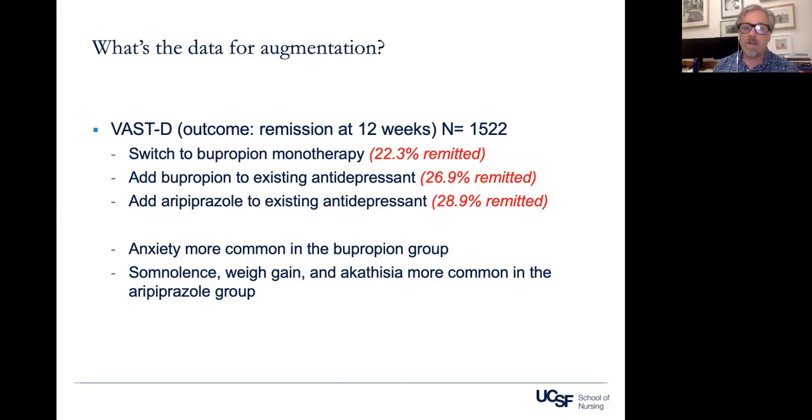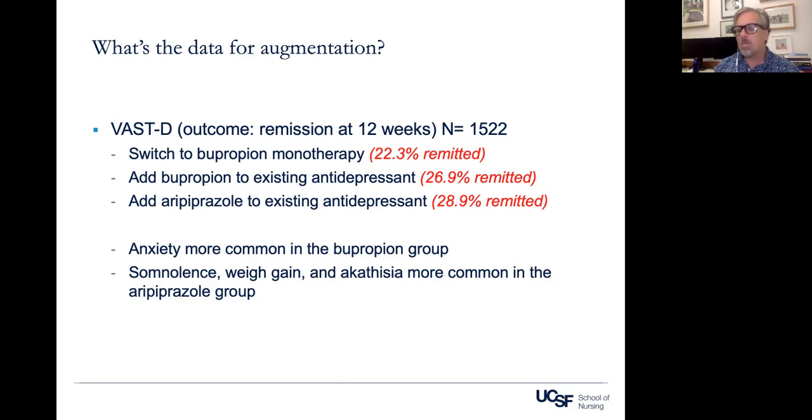You could add bupropion to the existing antidepressant, which is what we talked about in the earlier section, and that did slightly better, about 27%. Or you could add aripiprazole, which is Abilify, to the existing SSRI antidepressant, and a slightly higher percentage, around 29%, remitted.